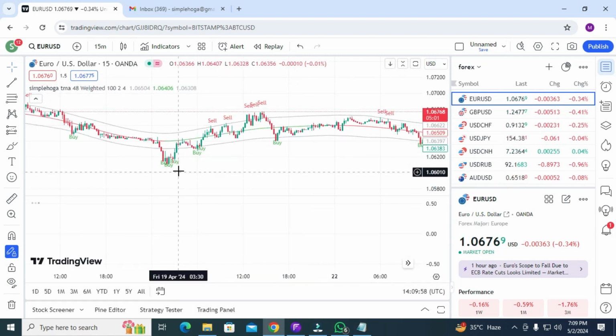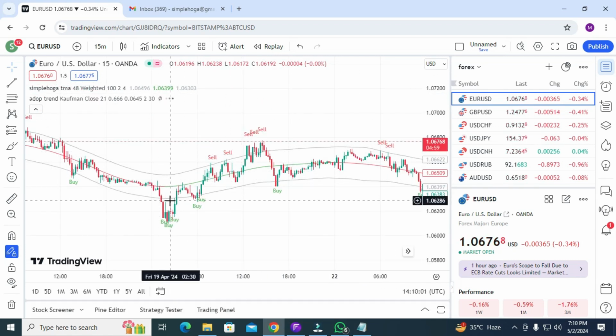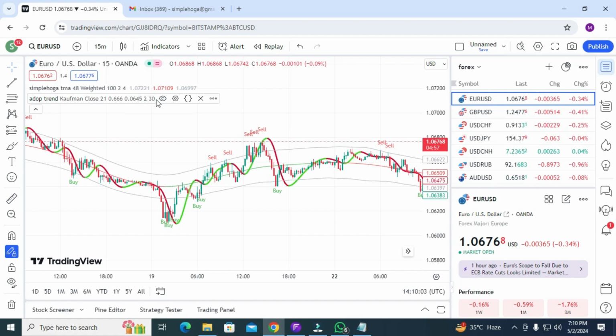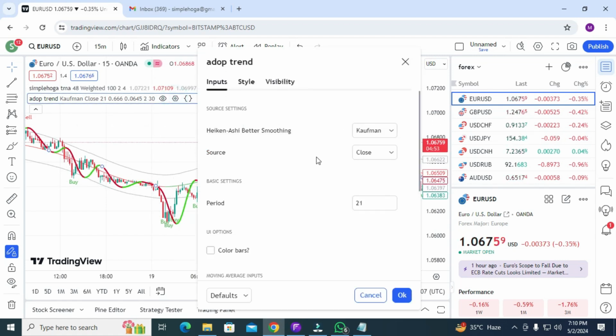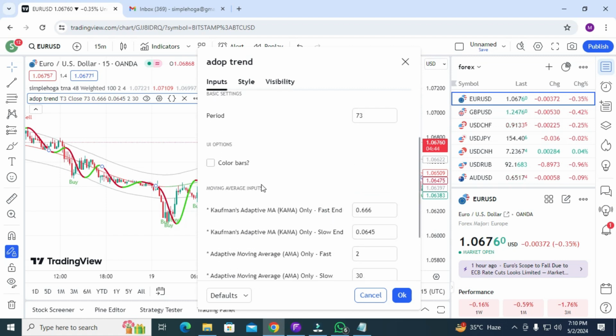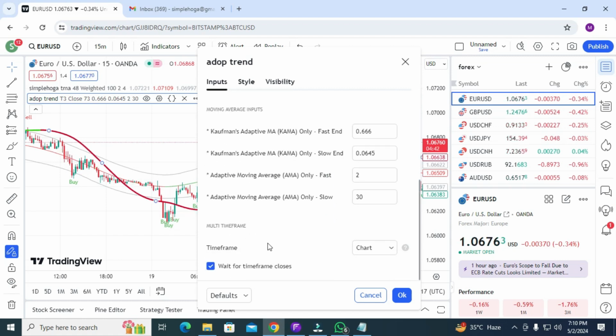Then you will see the indicator will look like this one. Now I need to add some settings. You need to select T3, and then here you select 73, and change the color if you want, that's okay. If you do not want, that is also okay.